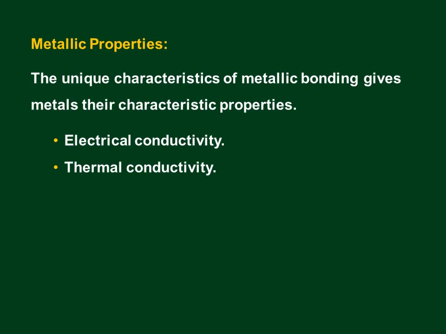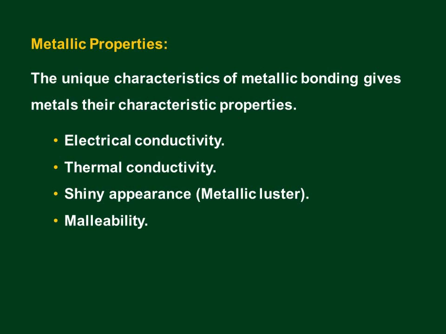Metals have high thermal conductivity, good conductors of heat. They are shiny, or they have a shiny appearance, or they have metallic luster. They are malleable, they have malleability and ductility. So these are the characteristics of metals.